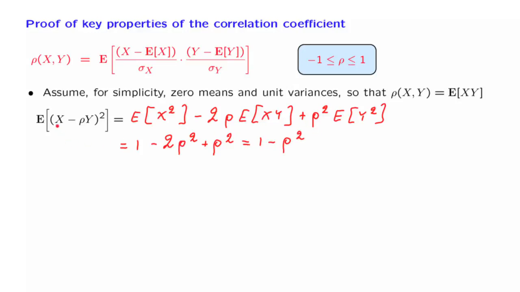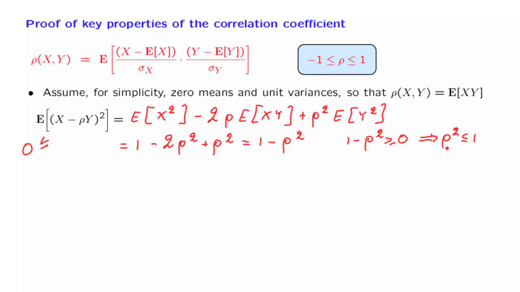Now notice that this is the expectation of a non-negative random variable, so this quantity here must be non-negative. Therefore, 1 minus rho squared is non-negative, which means that rho squared is less than or equal to 1, and that's the same as requiring that rho lie between minus 1 and plus 1.